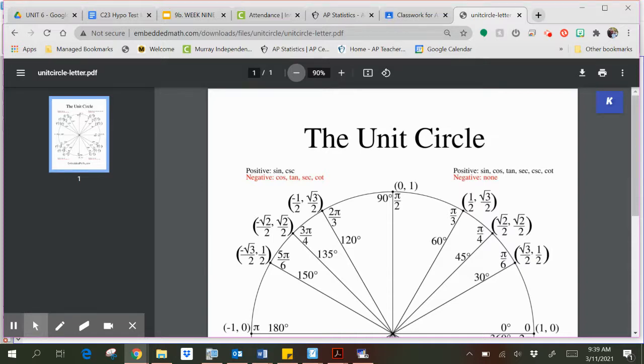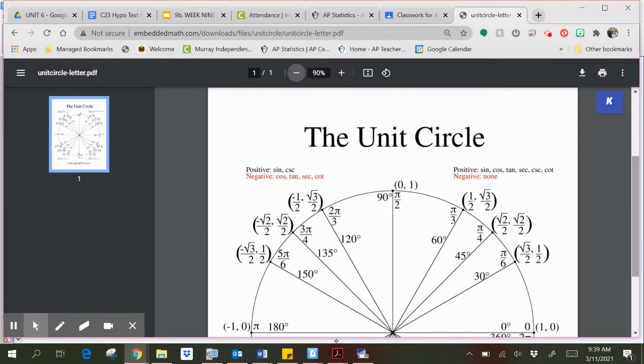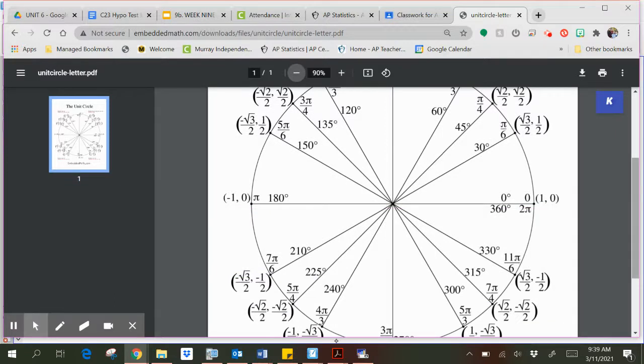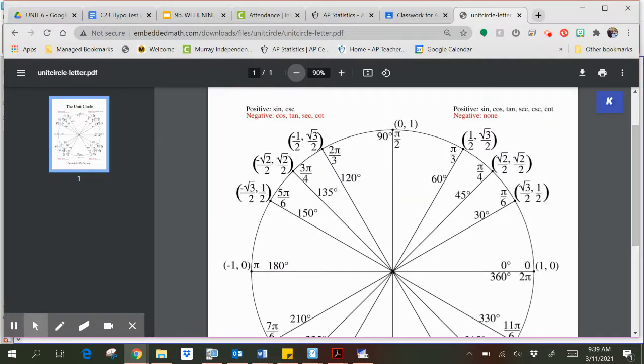All right. We have used the unit circle to answer questions so far in this unit and the last unit. So I could very easily ask you, what is the sine of pi over 6? 1/2. I should also then be able to ask you the opposite. I should be able to say, what is arc sine of 1/2?